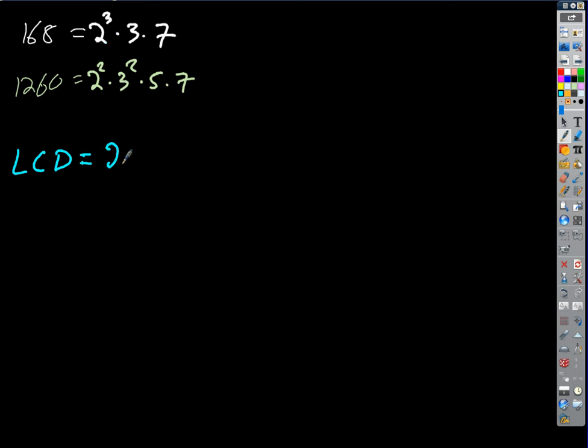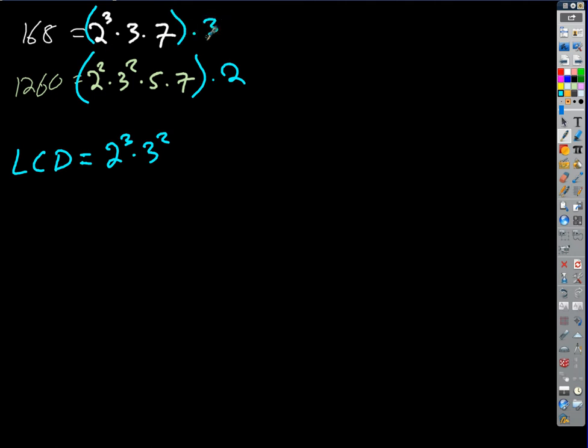So I'm going to need a 2 cubed, which means I'm going to end up multiplying this whole thing by a 2 to get my 2 cubed. How many 3s am I going to need at minimum? 2. This one needs 3 squared, that one only needs a 3, but I need at least enough to satisfy both denominators. So I'm going to have a 3 squared, so that one we can multiply by a 3.